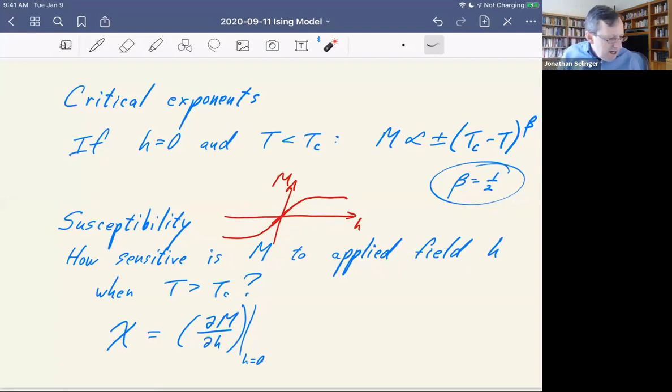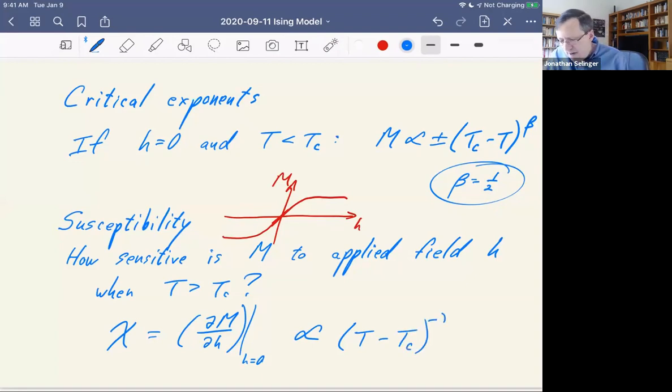So it turns out that this is proportional to T minus TC to the negative gamma power. And the prediction of mean field theory is that gamma equals 1. Okay, so that's another prediction. And it just takes 5 or 10 minutes to derive. And the derivation is on page 22 of the book.